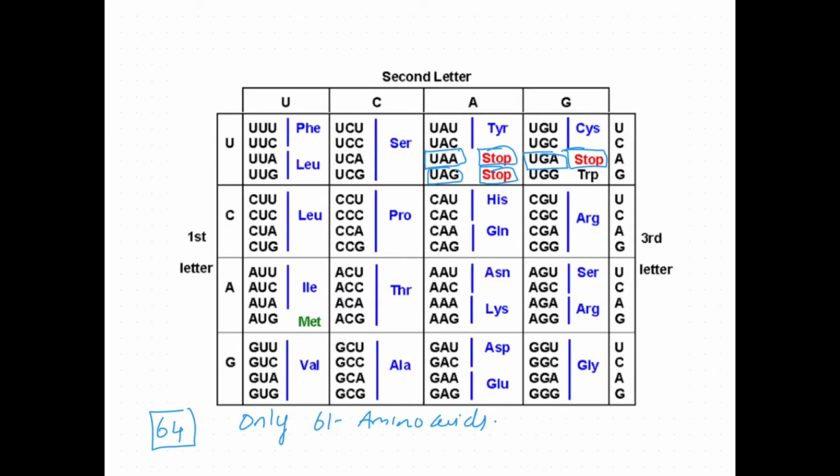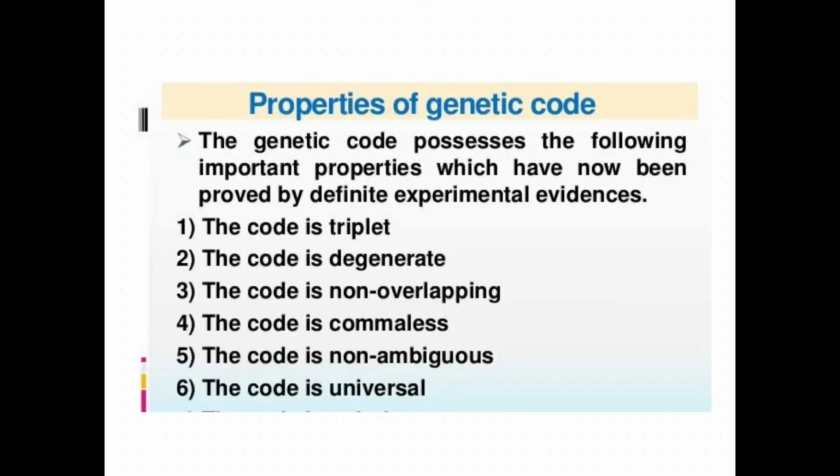Okay, now we'll move to the properties of this genetic code. First property is the genetic code is a triplet and unambiguous, meaning each codon represents only one amino acid. They are specific to one amino acid.